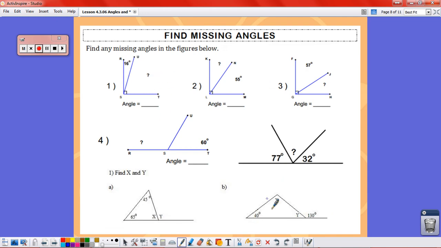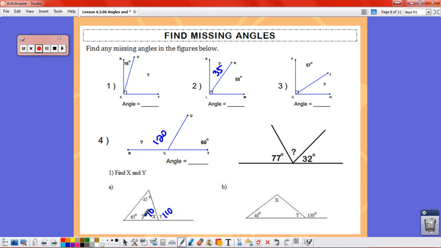And the last bit here is finding some missing angles in these pictures. I'm just going to do a couple as an example. 55 and 35 makes 90. 60 and 120 makes 180. Let's see, the 45 and 65 is 110, and 70 would make 180. And this would have to be 110 because it's supplementary.